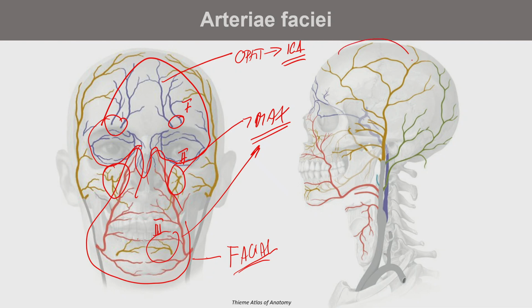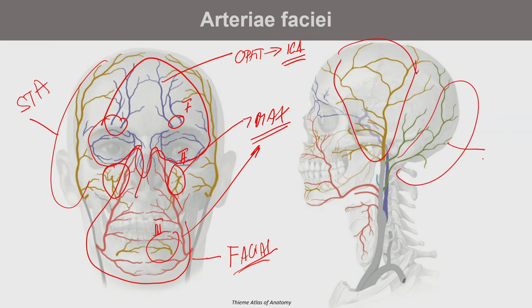And this yellow territories are superficial temporal arteries. And then dorsally you can observe here 2 territories, occipital and smaller retroauricular arteries.